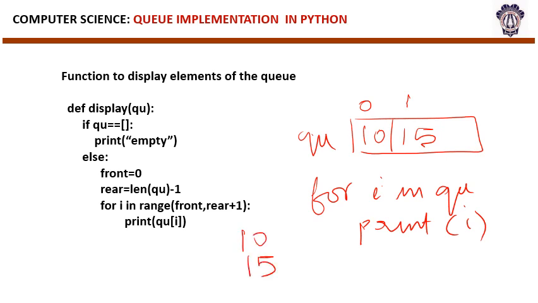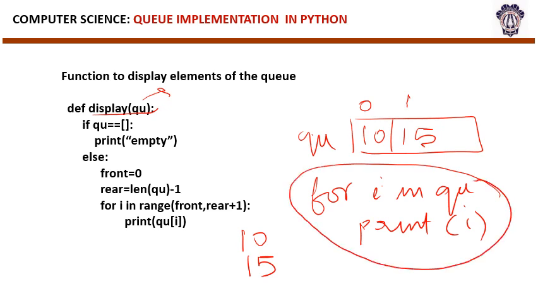Let us look at the function display. Q is the list which is implementing Q. This Q is a parameter. If Q is equal to opening closing square brackets, meaning no element in the Q, it will print empty, else you can either print the Q like this, or you can take two variables, front and rear. Front is 0, the first element of the Q, and rear is the index of the last element.